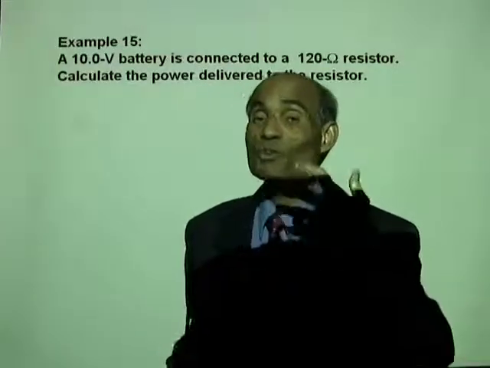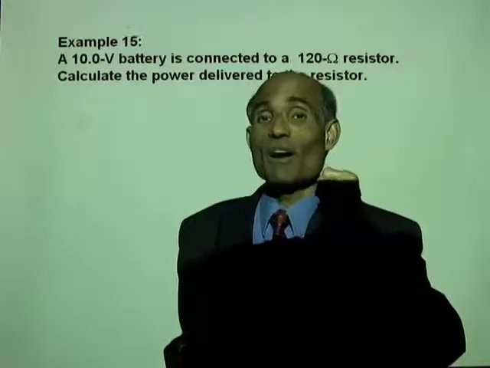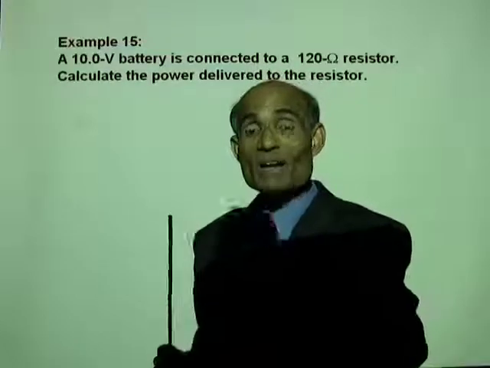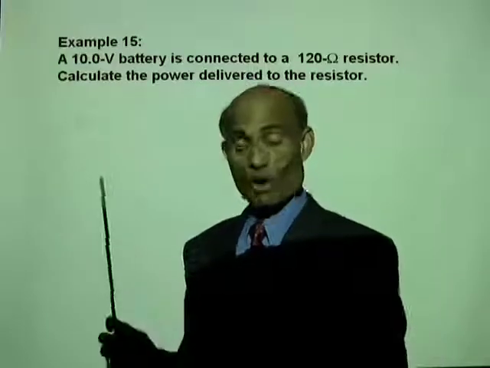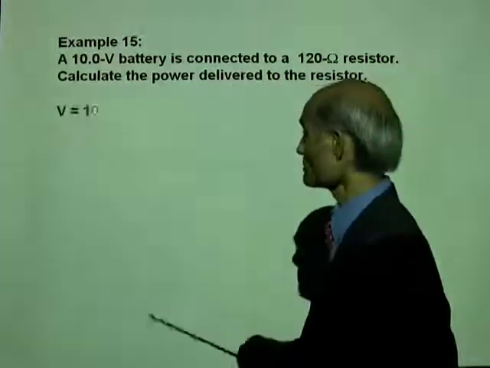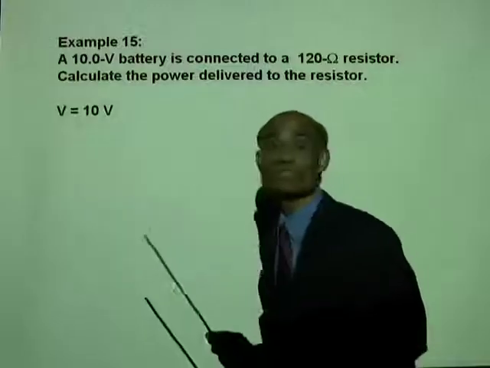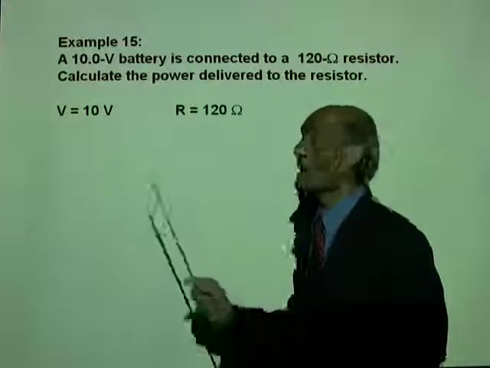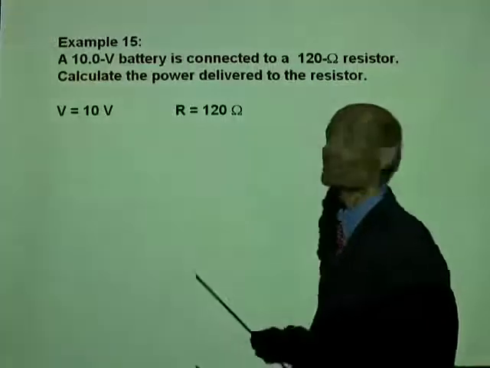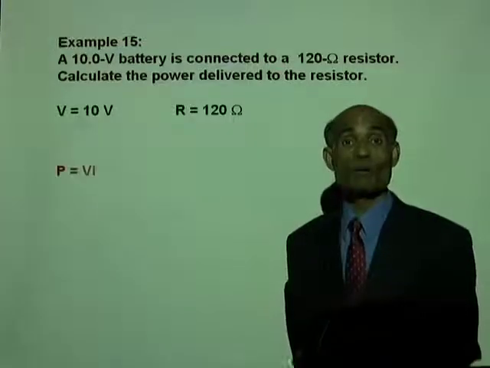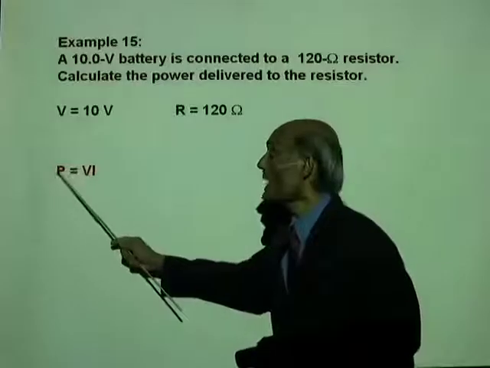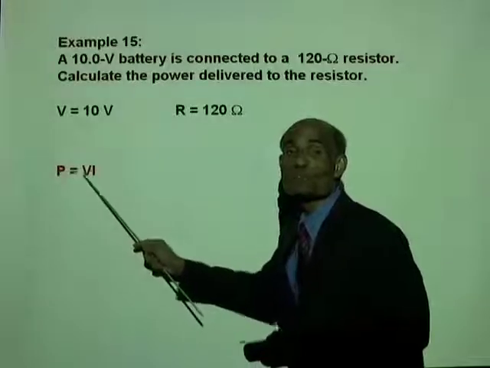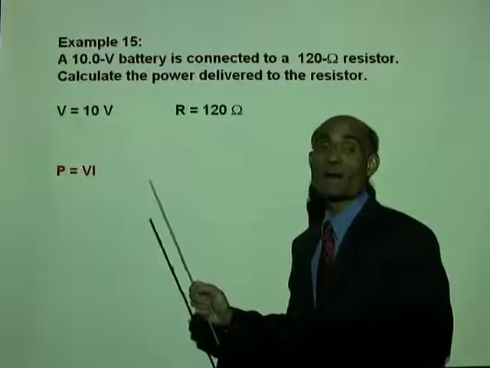You can also write it in terms of RI squared or V squared over R in many forms. So we have V equal to 10 volts and the resistance R equal to 120 ohm. We need to find the power P equal to V times I.